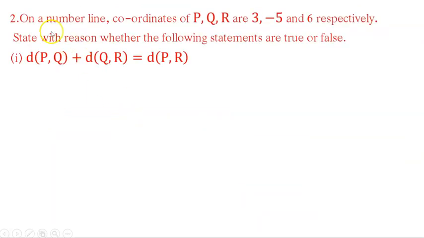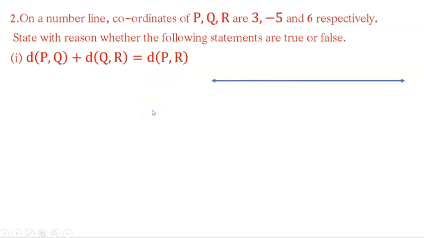Now the next. On a number line, coordinates of P, Q, R are 3, -5, and 6 respectively. State with reason whether the following statements are true or false. First, distance PQ plus distance QR is equal to distance PR.